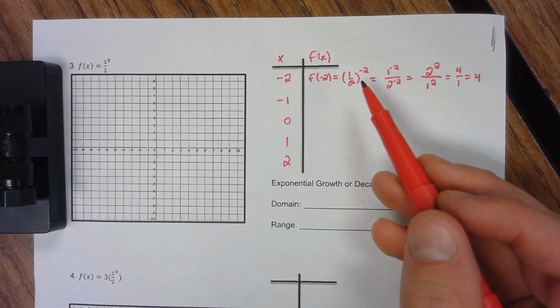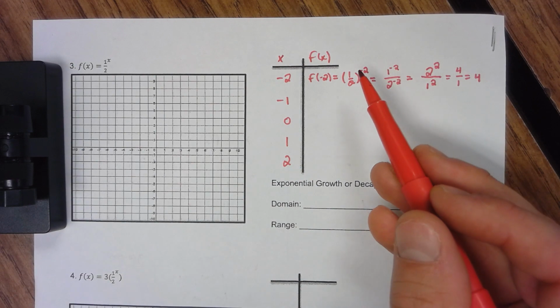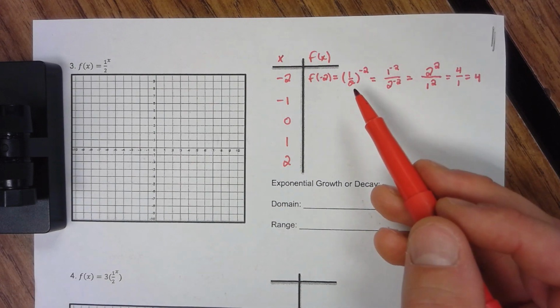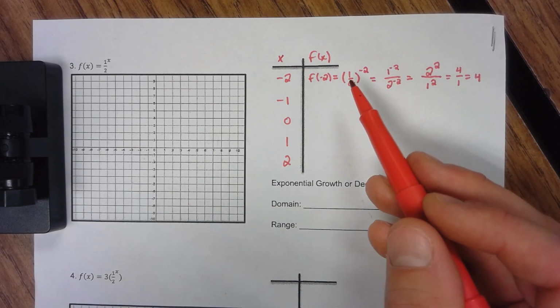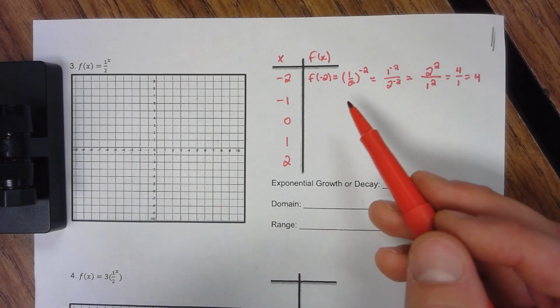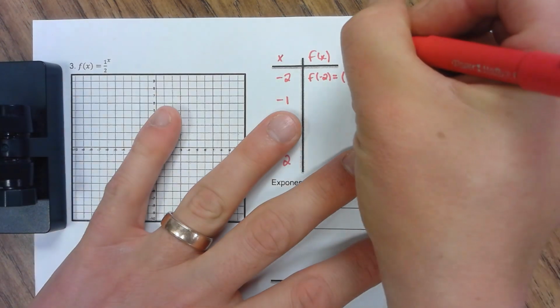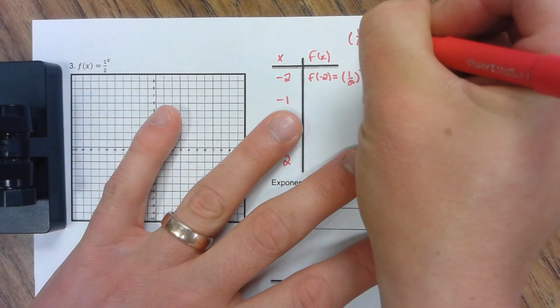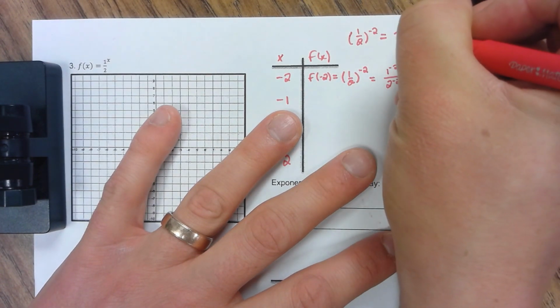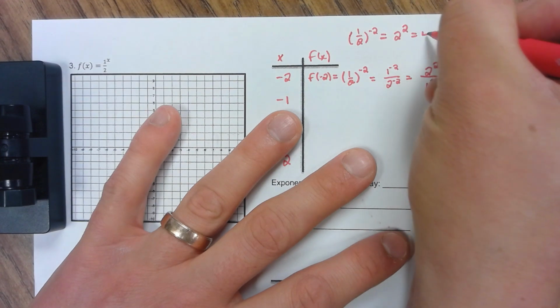So I didn't need to actually distribute that negative 2 to all the exponents. In this case, it almost makes sense just to flip that base and now make the exponent positive, making it 2 squared. So really, what I'm trying to show us here is 1/2 to the power of negative 2 is equal to 2 to the power of 2, which is 4.